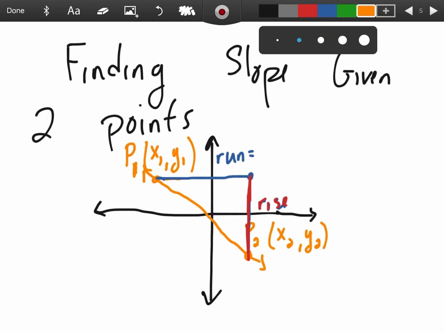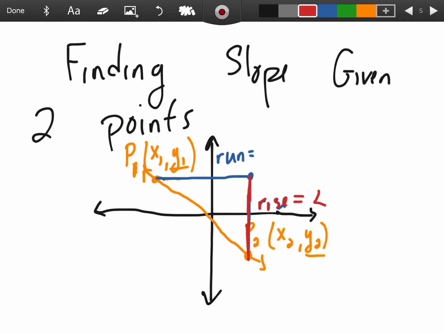Well, we talked about on the last slide that the rise is just going to be our change in y values. So I'm going from y1 to y2. Well, how do I find that difference? Remember that difference refers to subtraction. So we say that rise is my change in y, and that is going to be y2 minus y1.